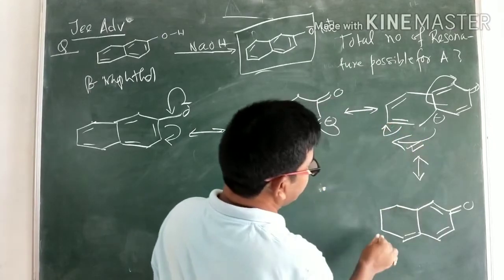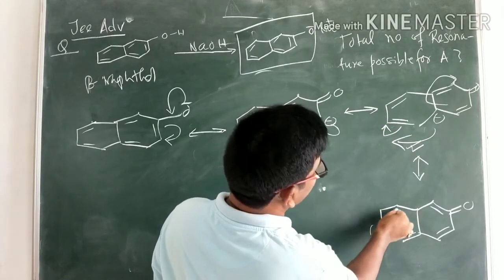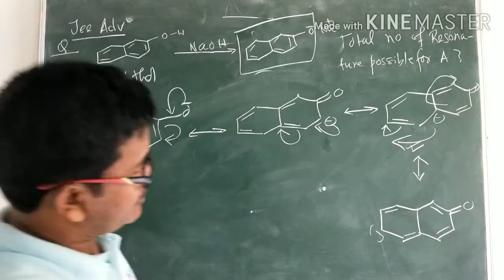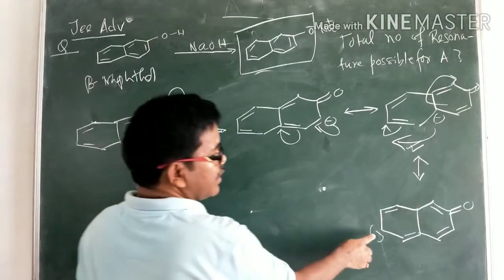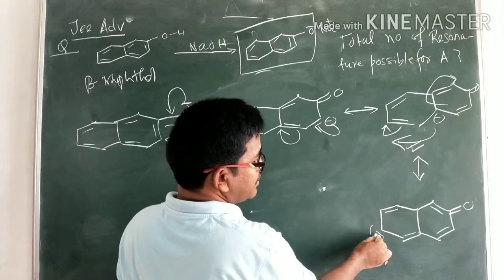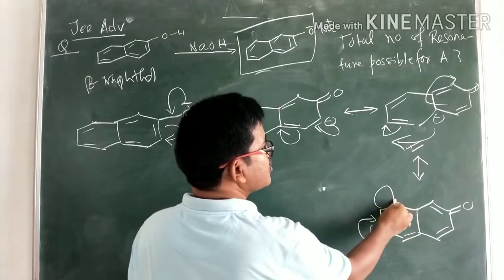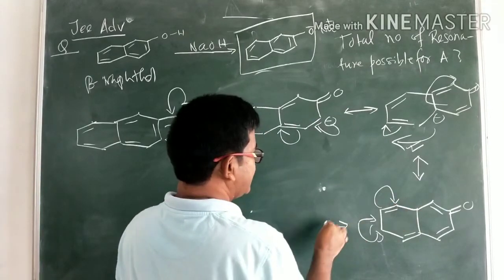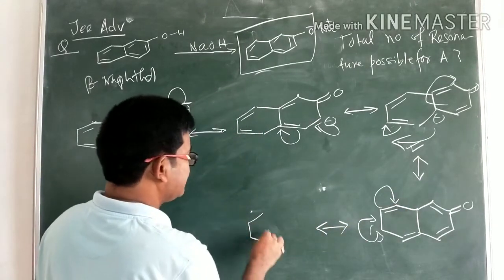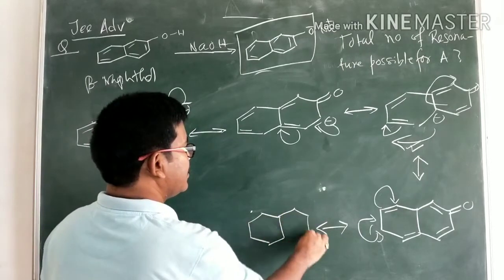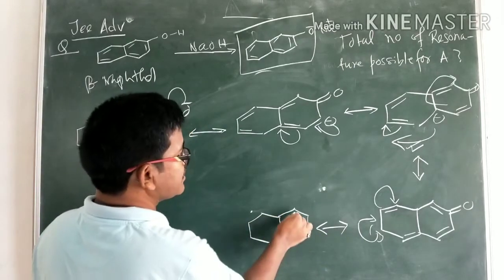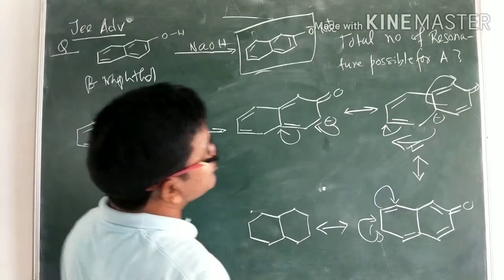Other bonds will remain as they are. No changes. Now, this negative and pi bond conjugation, this negative will make it a double bond, these double bonds will make it negative. Therefore, the next resonating structure will be like that. Other bonds remain as they are, no changes.